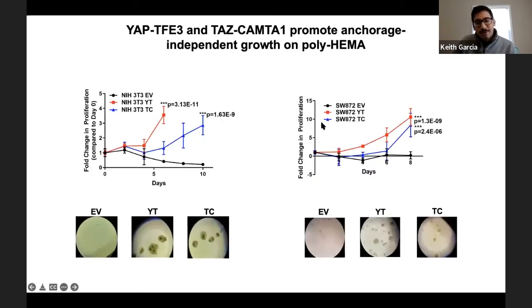And so many of us here that study these gene fusions can appreciate the fact that in many different cell lines, expression of these fusions is able to drive cellular transformation. For example, in mouse 3T3 cells, as well as a mildly oncogenic liposarcoma cell line, ectopic expression of these fusions is able to drive anchorage-independent growth under low attachment conditions relative to the empty vector controls.